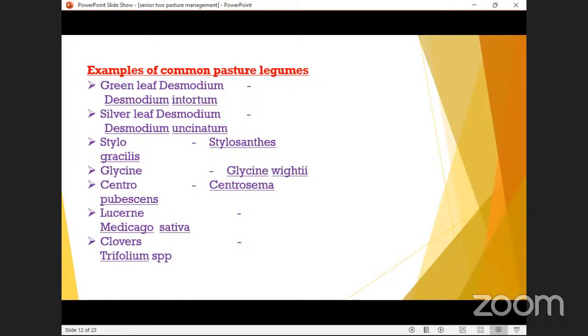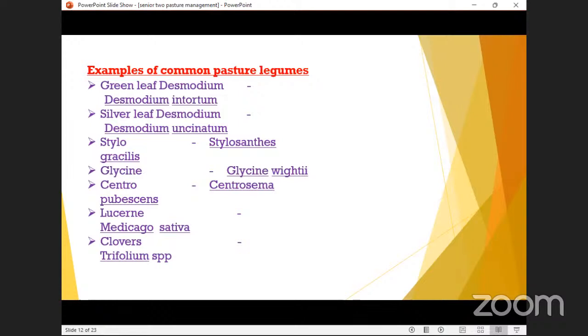Okay, there is Stylosanthes guianensis, Stylosanthes hamata, and then Glycine, and then we have Centrosema, Pueraria. We have the lucerne, Medicago sativa, and then clovers. And then the last species we have here is the Trifolium species.